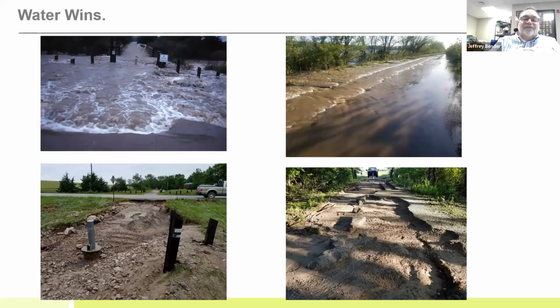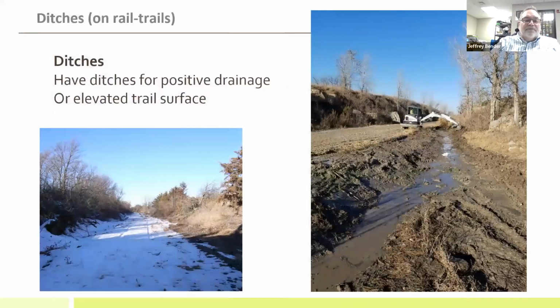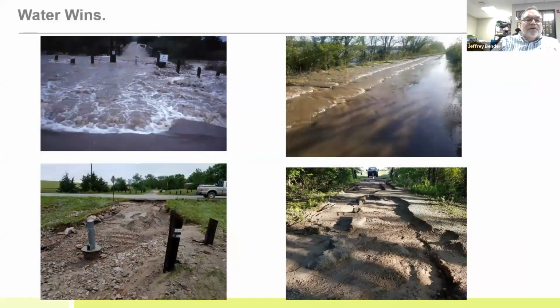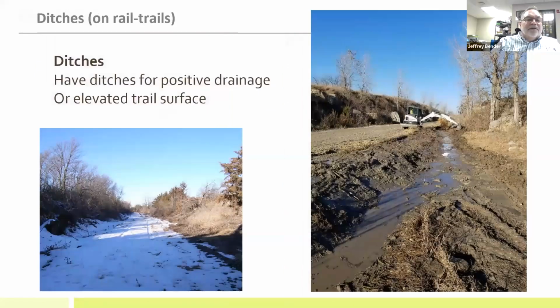And so much of working on trails is designing the trails for sustainability and designing them to deal with water. And sometimes you just can't, when major flood or rain events happen. So that's all right. Go to the next one.